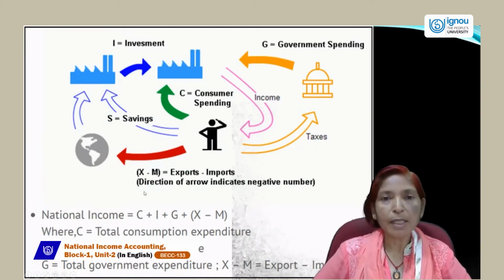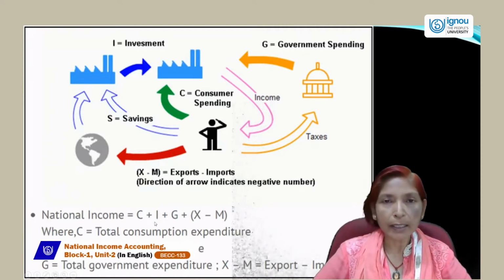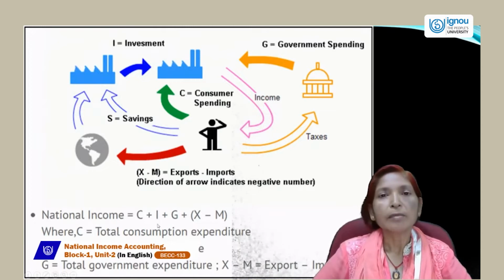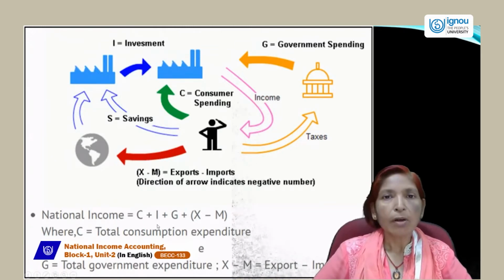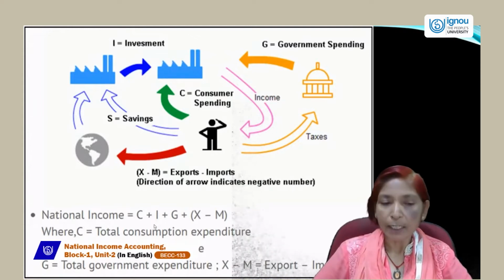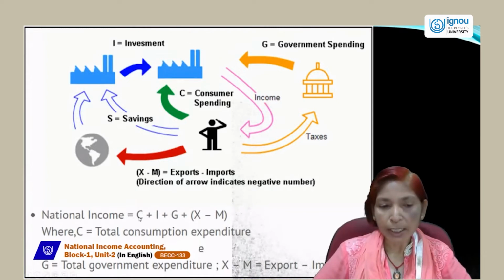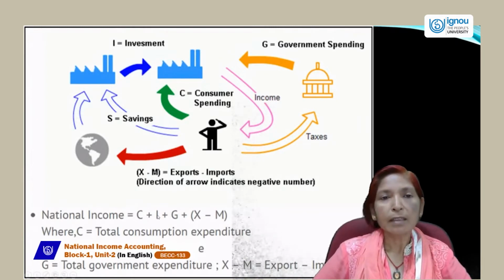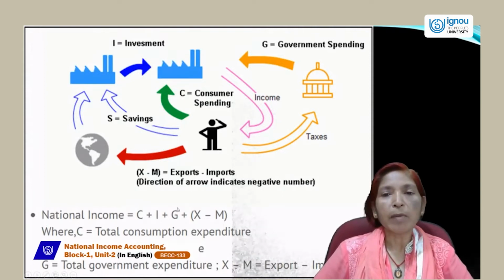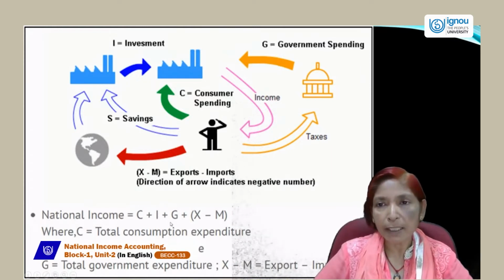So C plus I plus G plus X minus M indicates that national income is the sum total of expenditures of all four sectors: households spend on consumption, firms spend on investment, and government spends money on purchases and other things like transfer payments and subsidies. This is known as government expenditure.